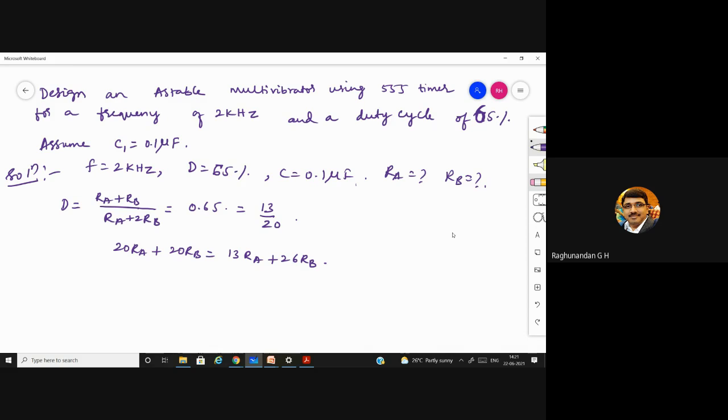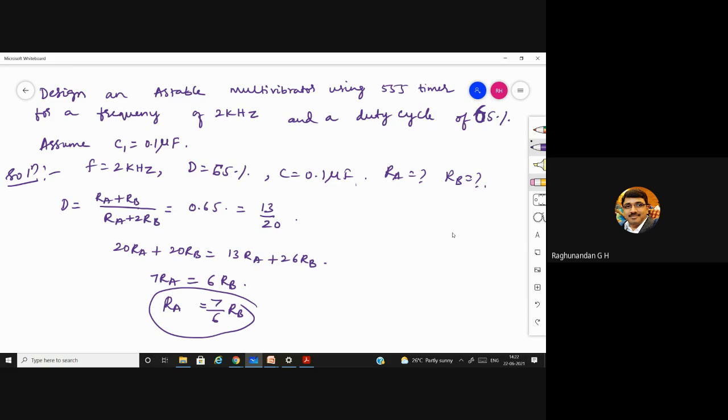Simplify this and let me know the relationship between RA and RB. 7 RA is equal to 6 RB. So RA will be equal to 6 by 7 RB. This is the relation which we have obtained.